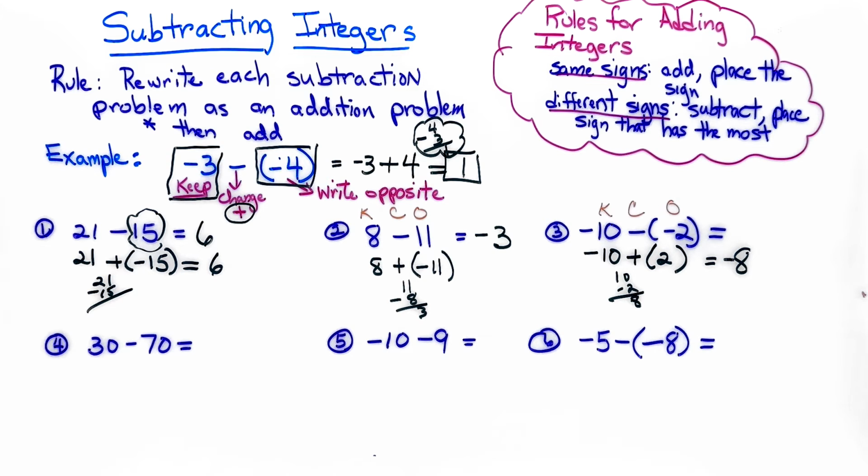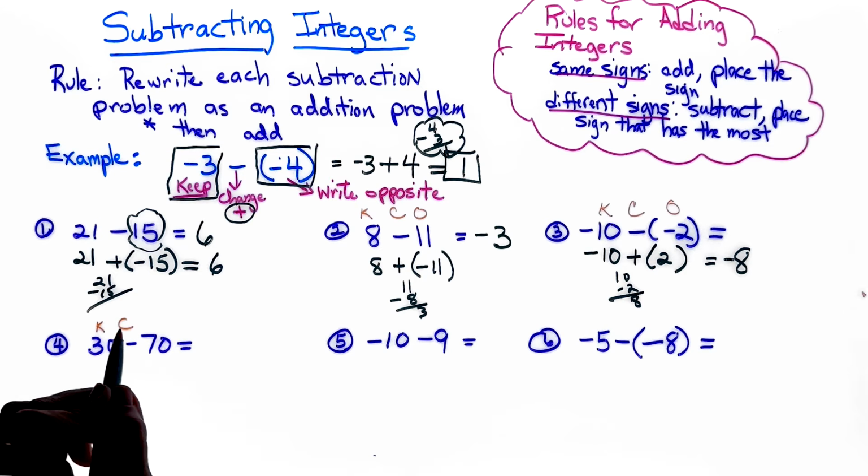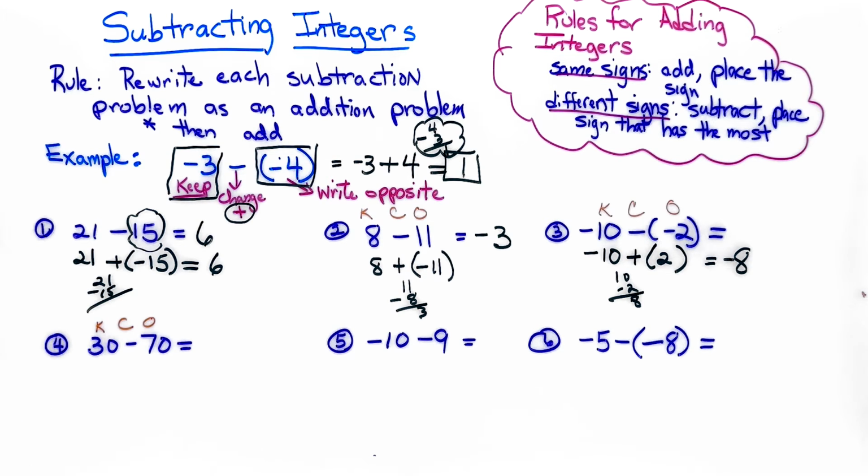Hope that you're catching on. So I am going to keep, change, write the opposite to rewrite it as an addition problem. So again, keep the 30, change the sign to plus. The 70 is positive, so now it is a negative 70.